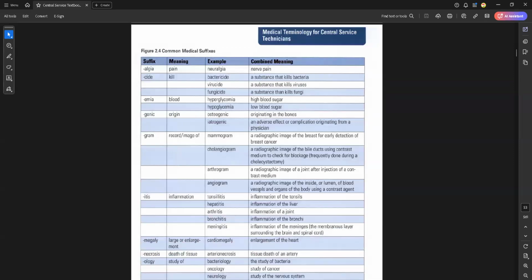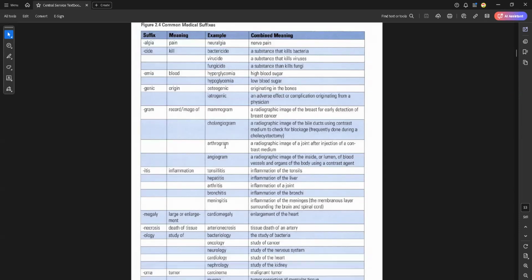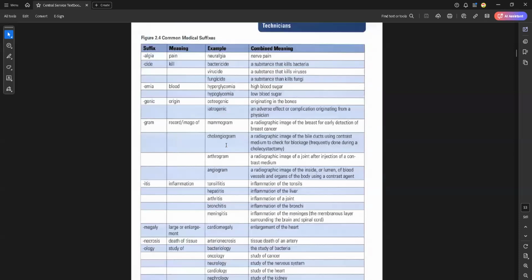Okay, here now 2.4, common medical suffixes. Yes, this is where we have a lot of examples. As you can see, algia, pain. Neuralgia, nerve pain. Cide, like in Ghana, we have weedicide, herbicide, insecticide. Anything that is cide is to kill. Bactericide, you see, a substance that kills bacteria.